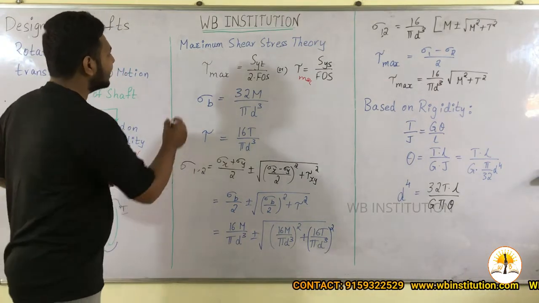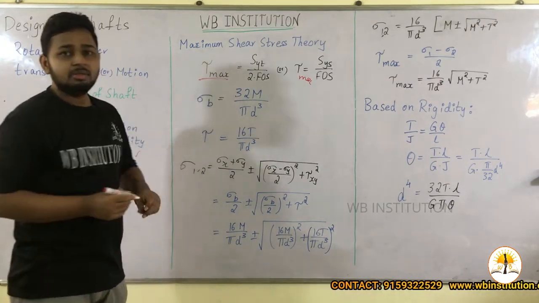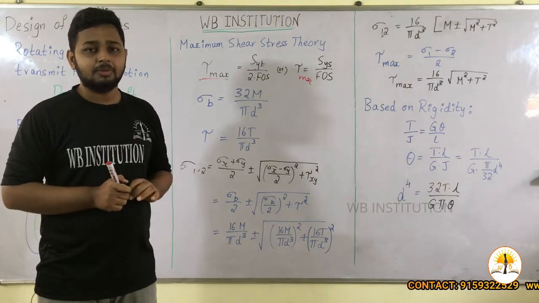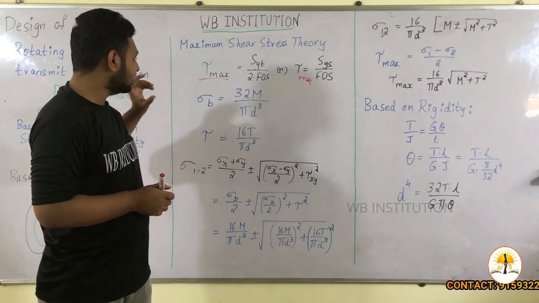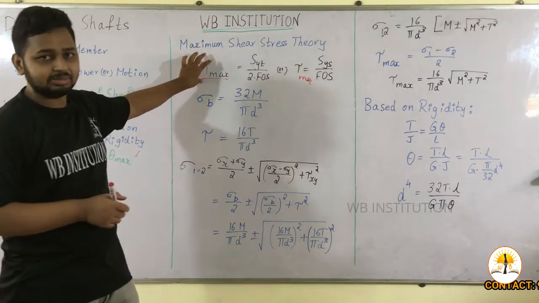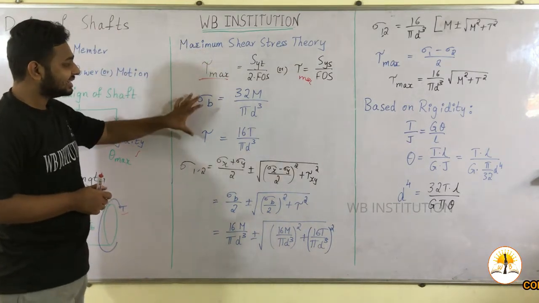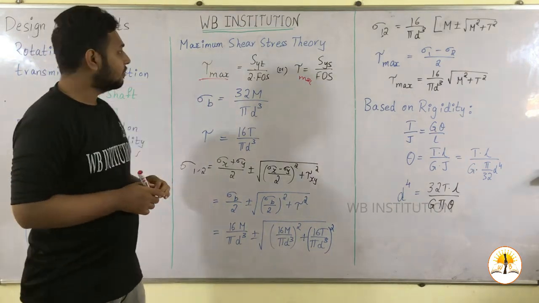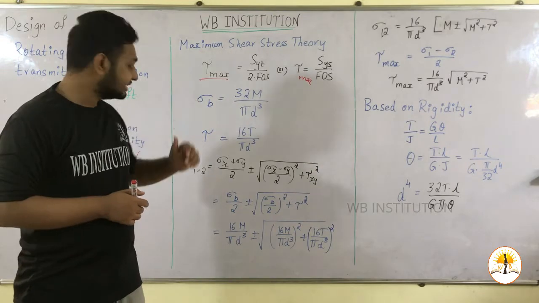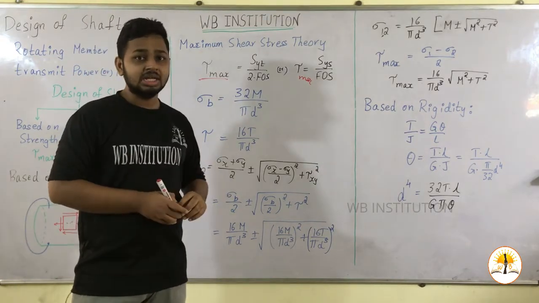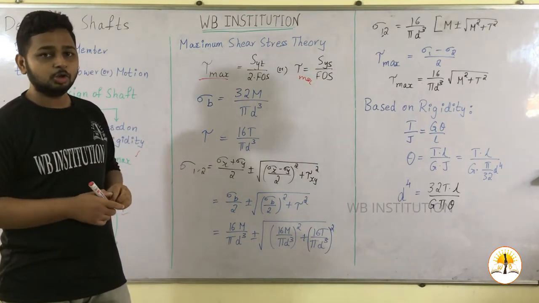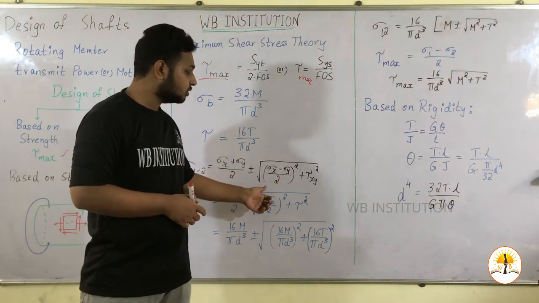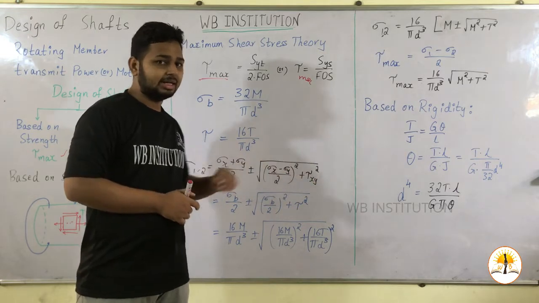Now, in order to calculate tau maximum, we need the principal stresses. By calculating the principal stresses, we can apply the values of sigma 1 and sigma 2 in this equation. The principal stresses are given by sigma 1,2 equal to sigma x plus sigma y divided by 2, plus or minus root of sigma x minus sigma y divided by 2 whole square plus tau xy square.